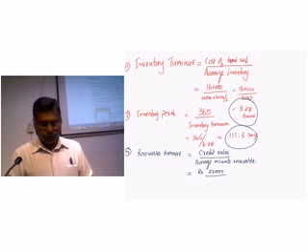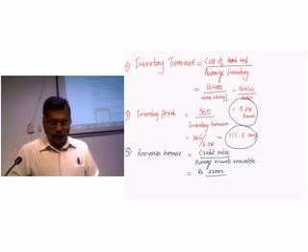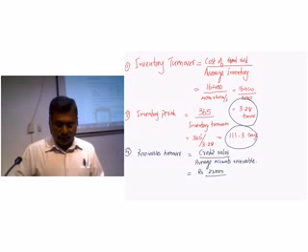Average account receivable is given over here: $3,200 plus 4,000 divided by 2.